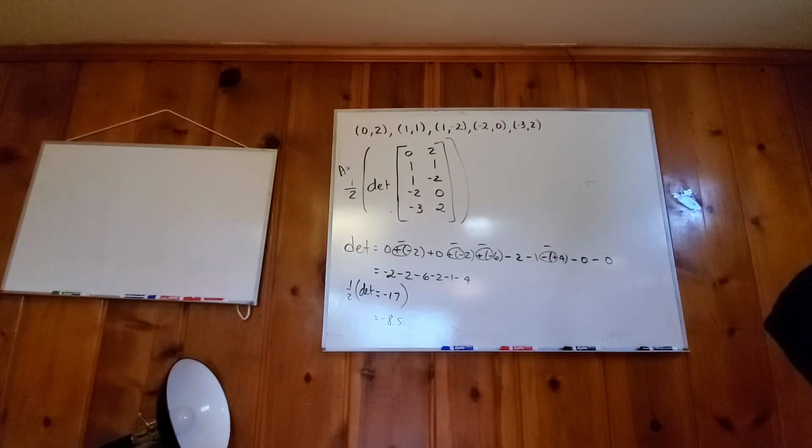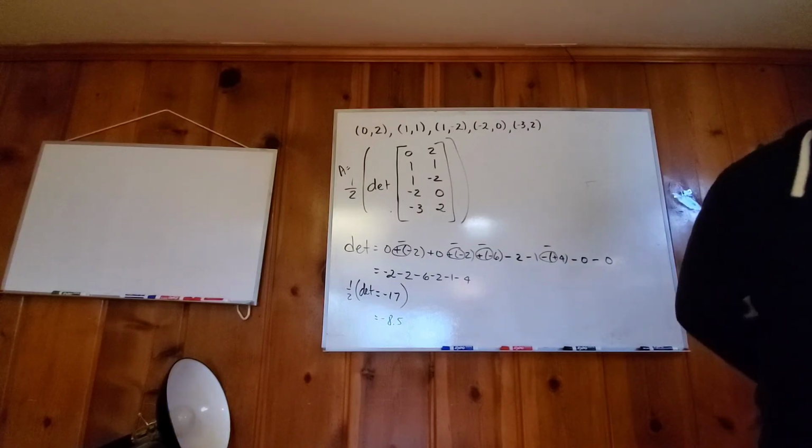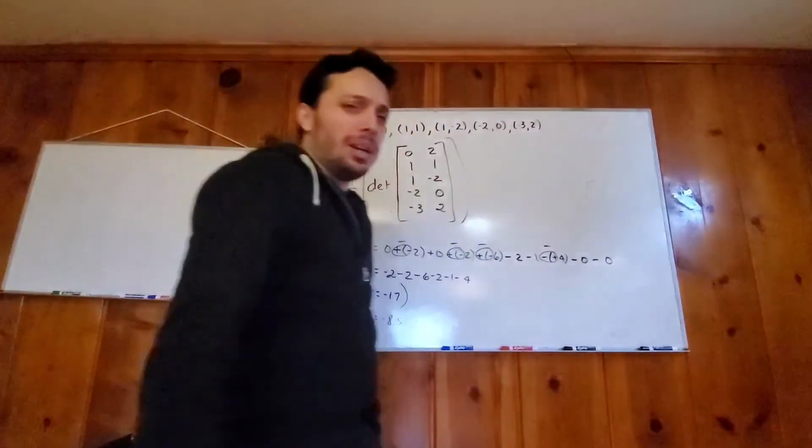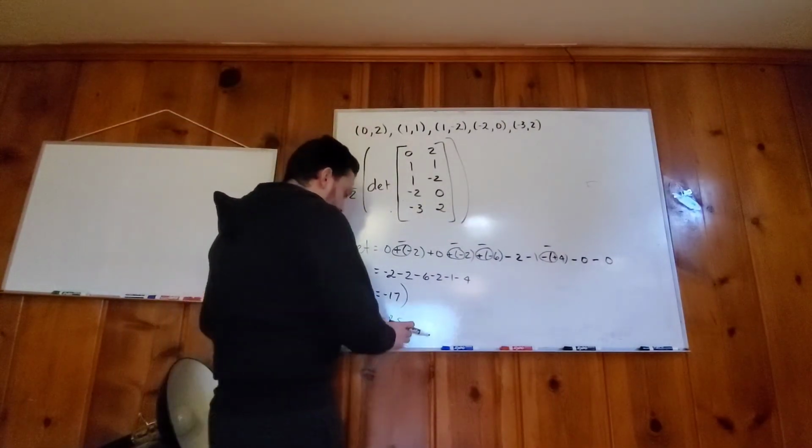Look at that. Oh, they got 19. I got 18. Huh. Oh, I got 17. Hey, wait, what? I'm off by 2 because it's 9.5 square units. Obviously, because area can't be negative, it won't be negative.